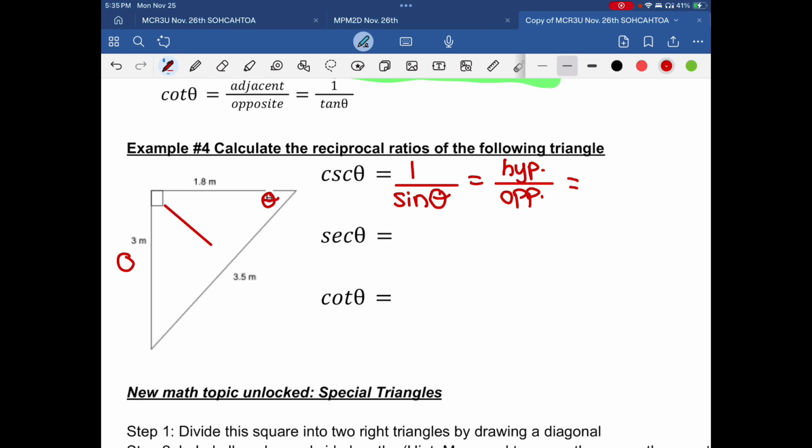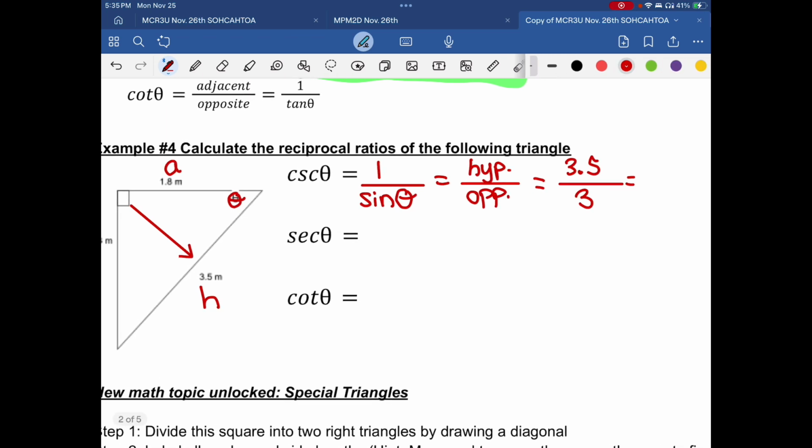My hypotenuse, which is opposite of a 90-degree angle, is 3.5, so then 1.8 would be my adjacent. So hypotenuse 3.5, opposite would be 3. I'll need to calculate that in a moment. I'll save it.